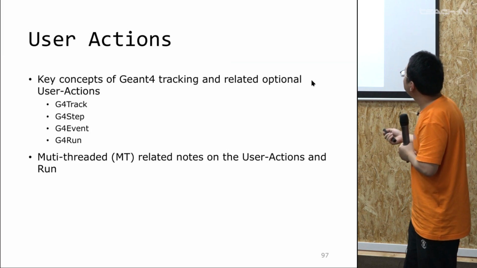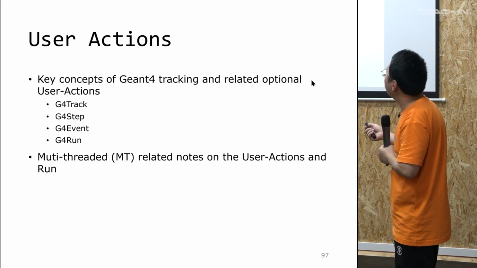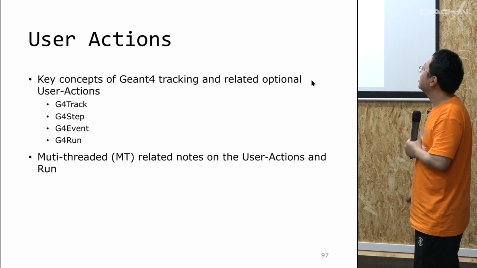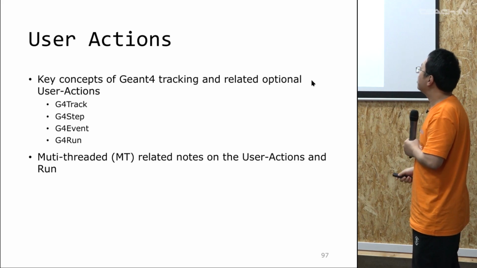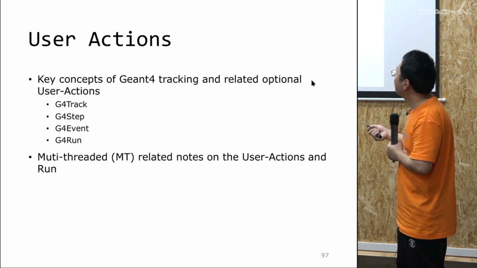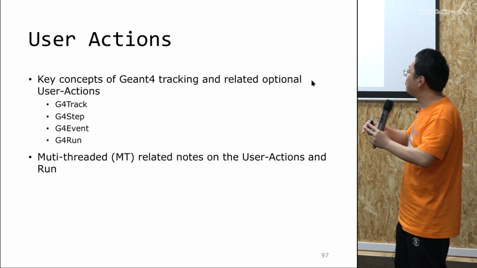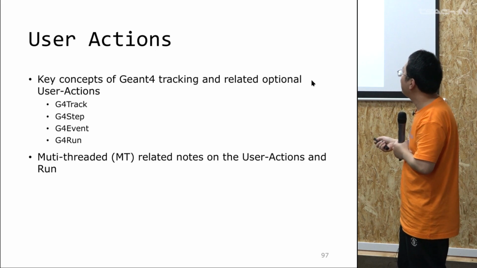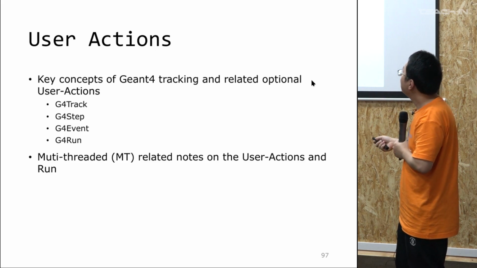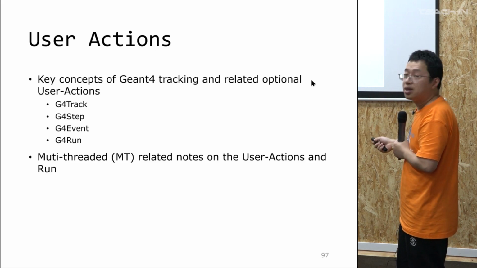First, we have to know that there are several levels in the simulation. For example, we have the Geant4 step, we have the Geant4 track, and different tracks can become a Geant4 event. Also, different events can combine into one run. That's the most important thing here.